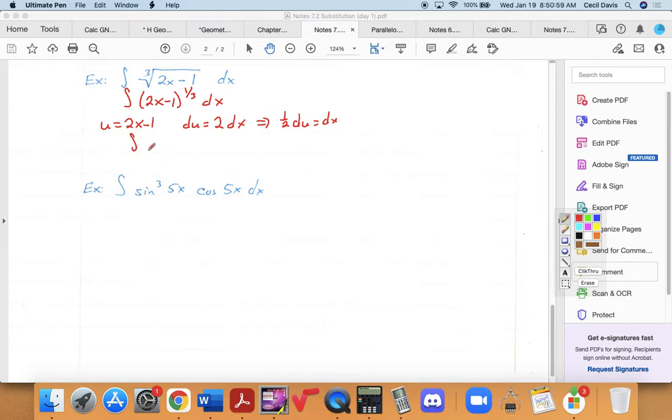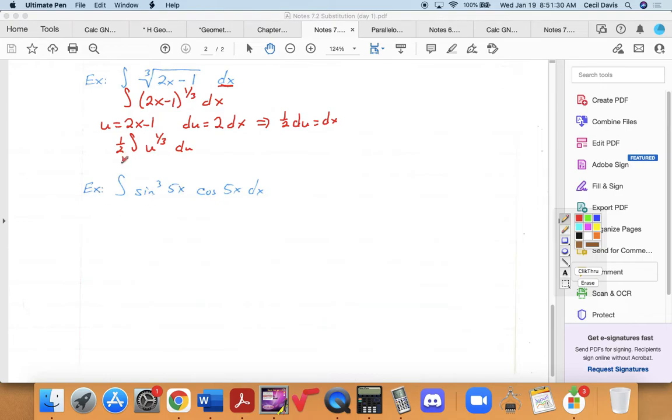So now substituting, we've got u to the 1/3, and dx is equal to 1/2 du, so I'll put the 1/2 in front of the integral, and I'll have this. As long as whatever is outside is a constant multiple different from the derivative, you're okay. If it is something completely different, well, then you need a different technique.